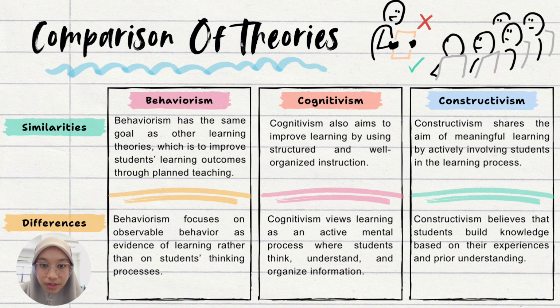And cognitivism views learning as an active mental process where students think, understand, and organize information. Next is constructivism. Constructivism believes that students build knowledge based on their experiences and prior understanding.